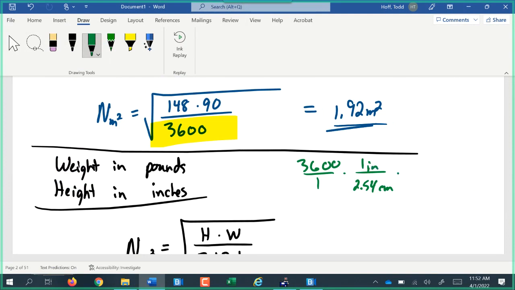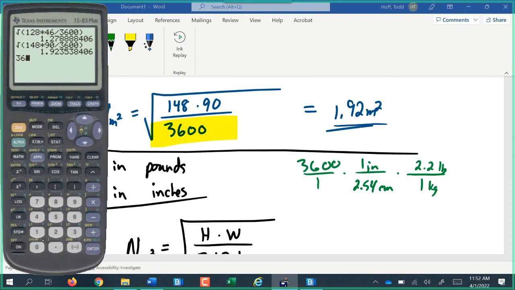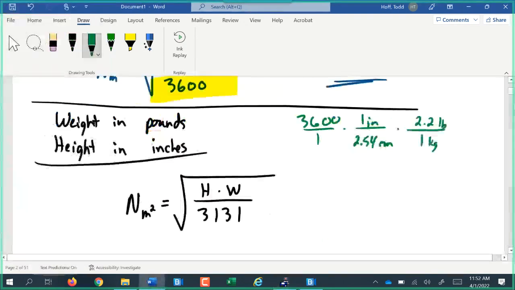Then I also do my conversion for pounds to kilograms. 1 kilogram is 2.2 pounds. We notice here that the calculation is simply 3,600 divided by, because it's on bottom, the 2.54, and then times the 2.2 on top, and there it is, 3,118.